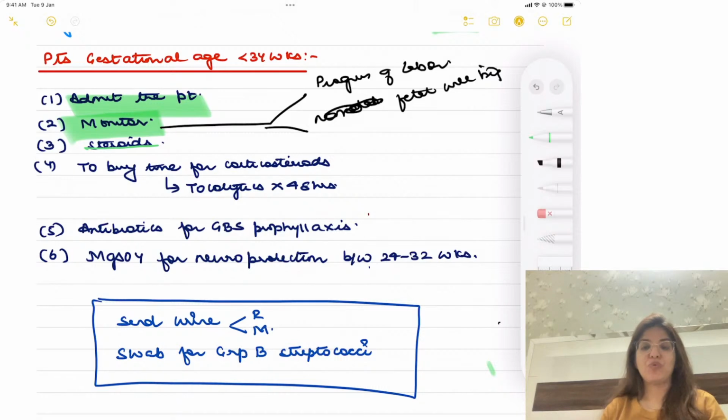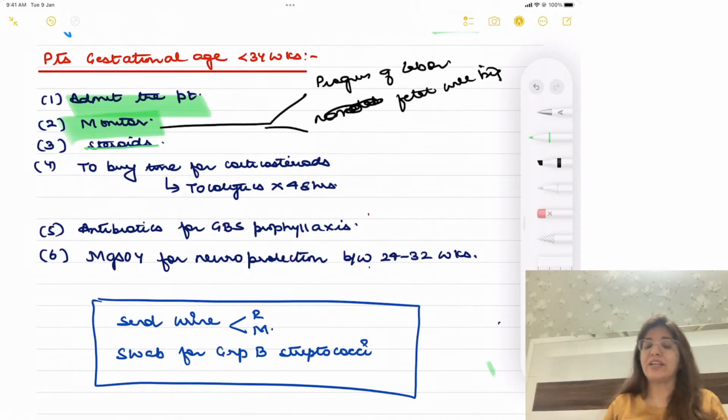Now, as I told you, best efficacy for antenatal corticosteroids is between 2 to 7 days. So, in this category of patient, I want that at least corticosteroids should get 48 hours. They are very less gestational age, less than 34 weeks.